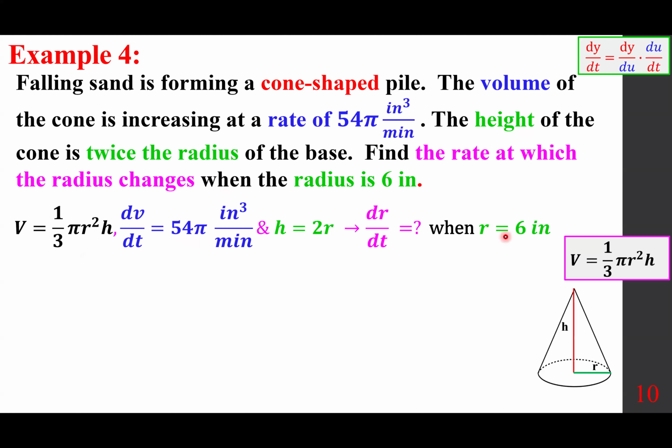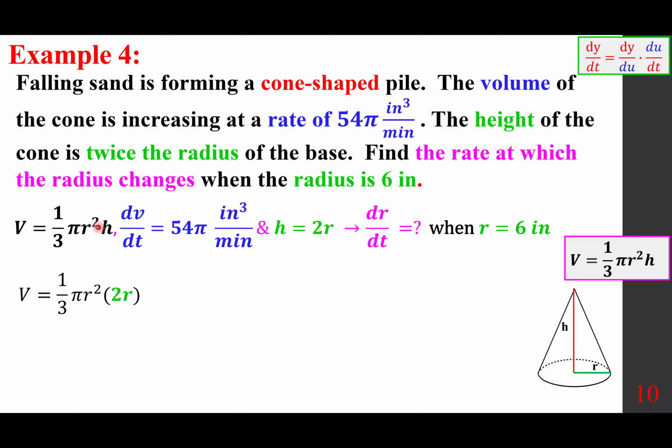R is 6 inches. Now, this one has two variables, r and h. We are going to use this formula to get rid of one of them. Because we want dr dt, we're going to keep the r and we're going to get rid of the h, replace it with 2r.